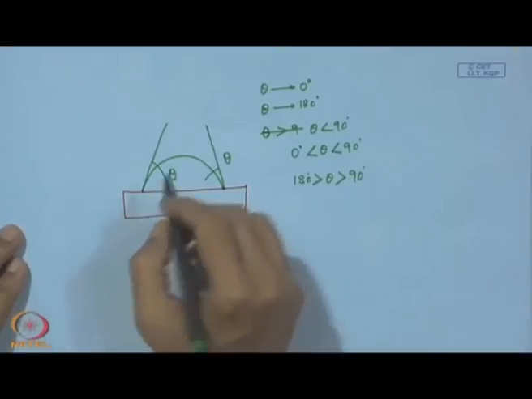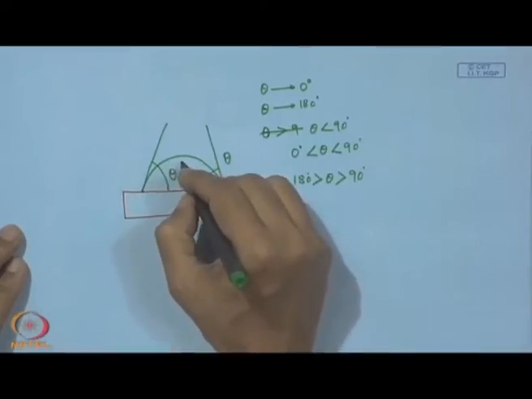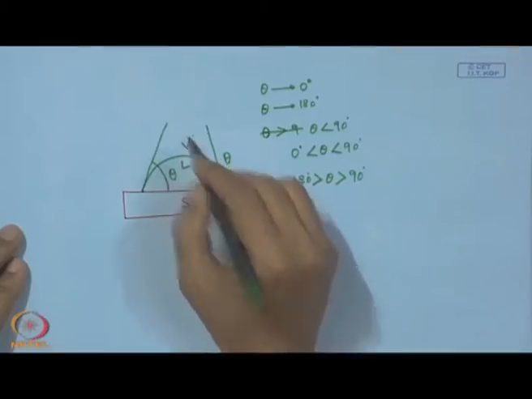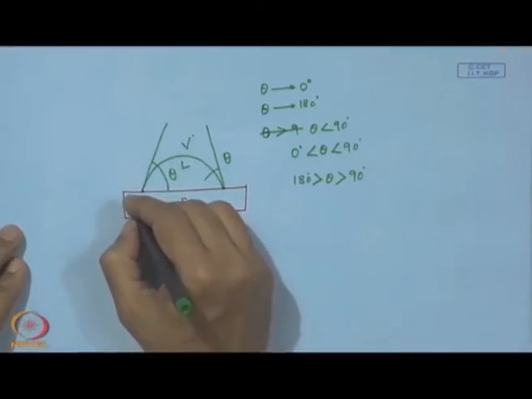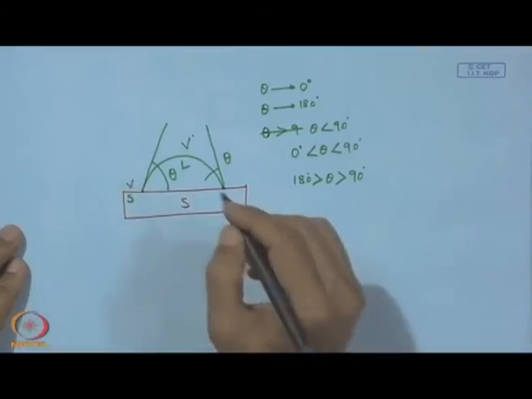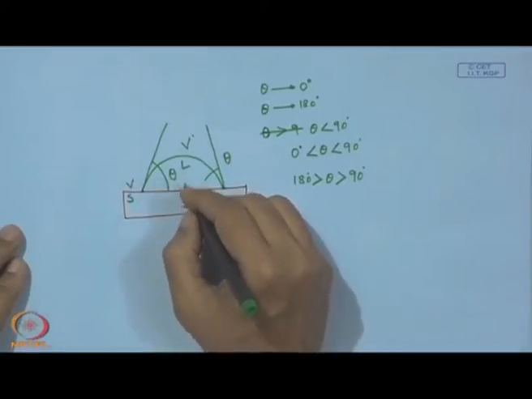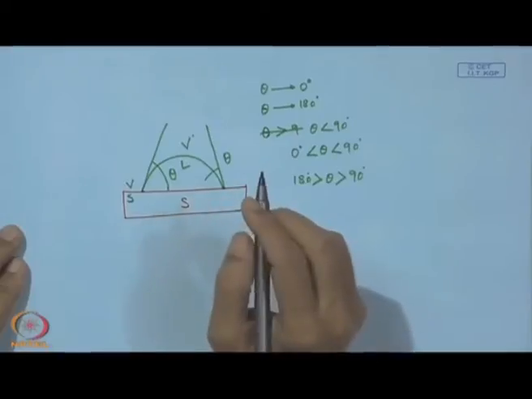One is here between this liquid and this vapor, then we have one with solid and vapor, and another one between this liquid and solid.